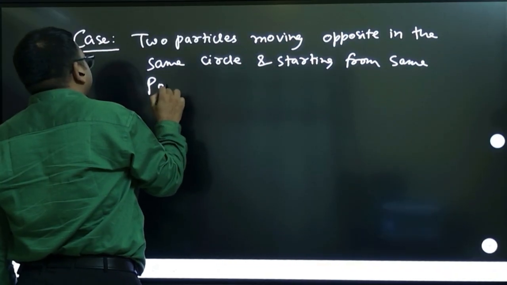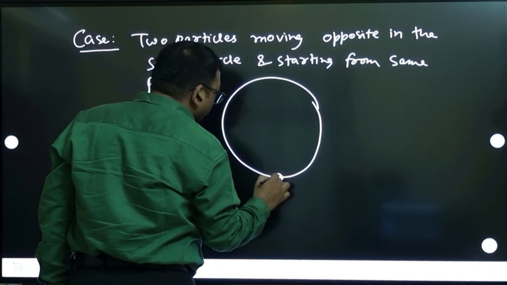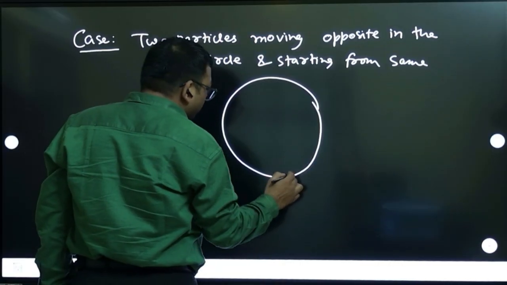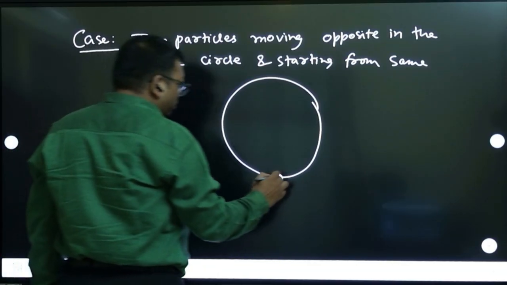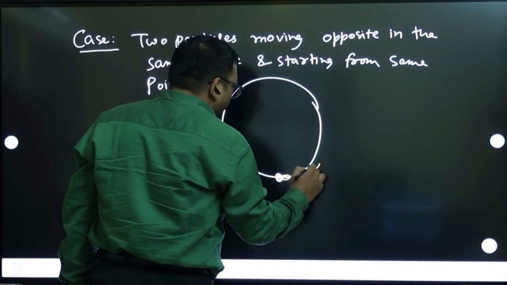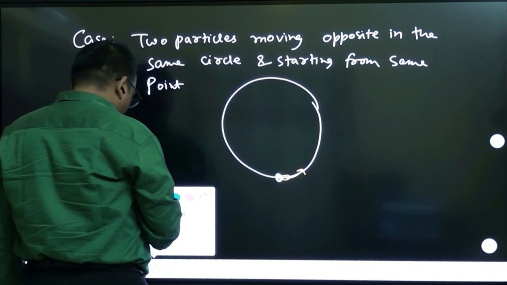That is the case here actually. So that means here they are starting from this point, and one particle is going this side, another particle is going in the opposite direction, right? So one particle is going this way, another is going this way.